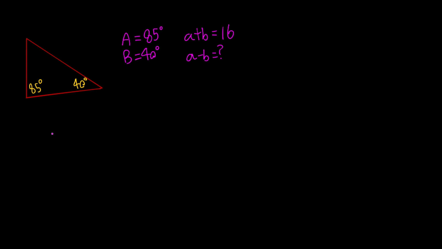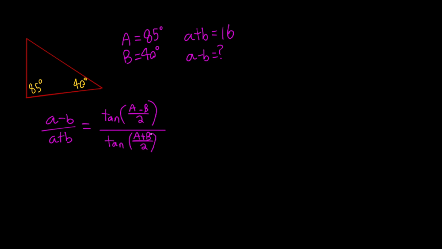So let's say that here we have a minus b divided by a plus b. That's going to be the tangent of (A minus B) divided by 2 divided by the tangent of (A plus B) divided by 2.